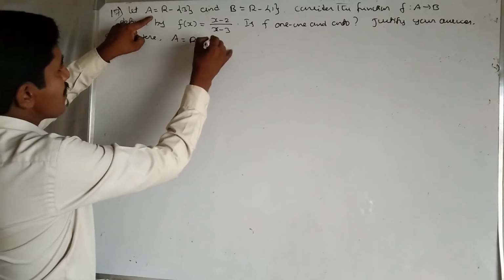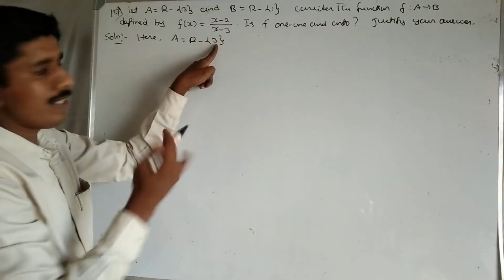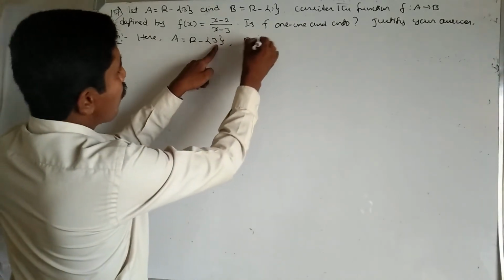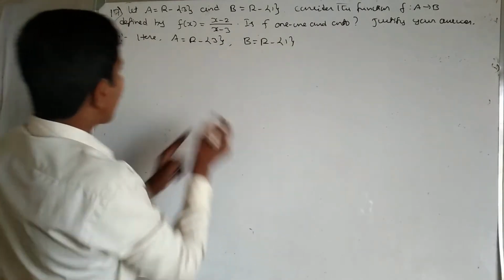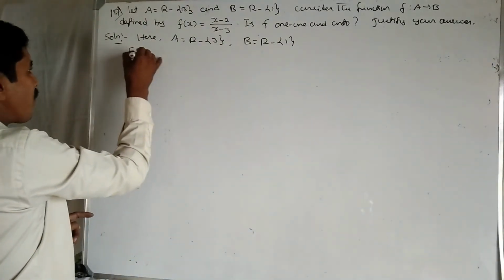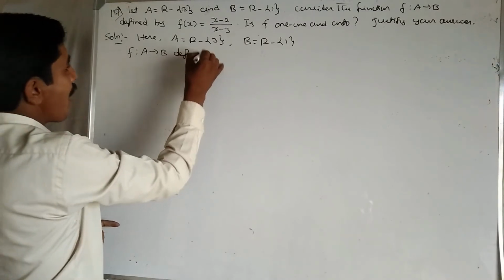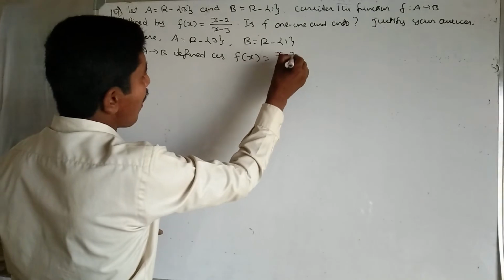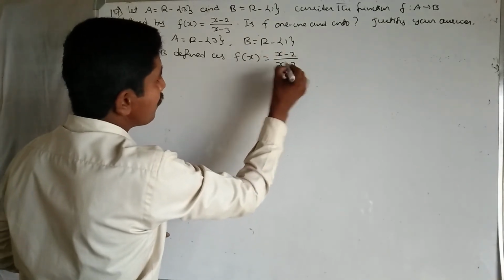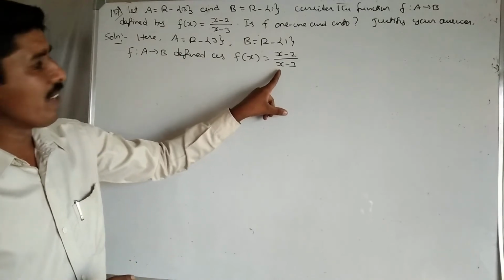A equal to R minus {3} means all the real numbers except 3, and set B equal to R minus {1} means all the real numbers except 1. Your function f from A to B is defined as f(x) = (x - 2)/(x - 3).